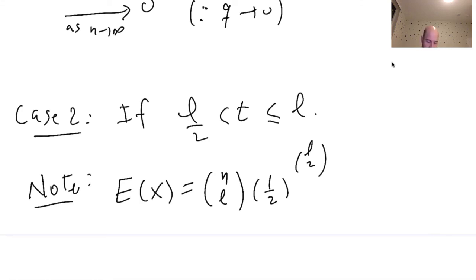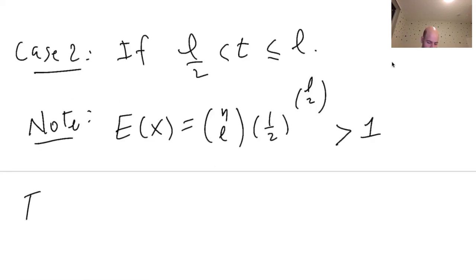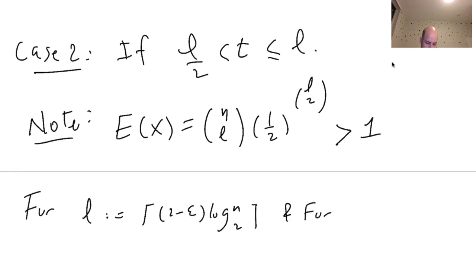So this will be bigger than 1 for our L, which, if you remember, was the ceiling of (2 minus epsilon) log n, and for large enough n.